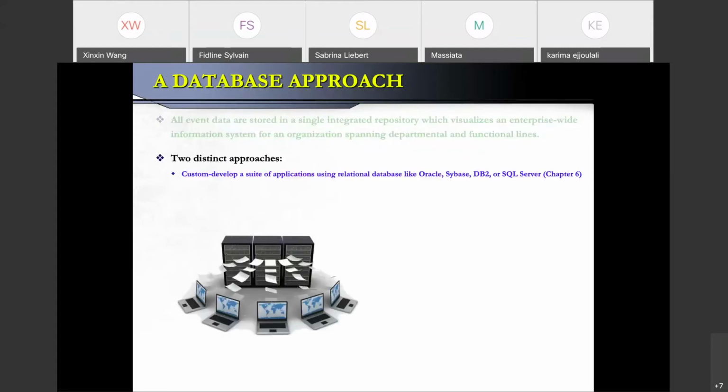So there are two distinctive database approaches. The first is customers develop a suite of applications using a relational database. We will explain this in detail in chapter 6, which is next class. Okay, next class we have two chapters, chapter 2 and chapter 6.